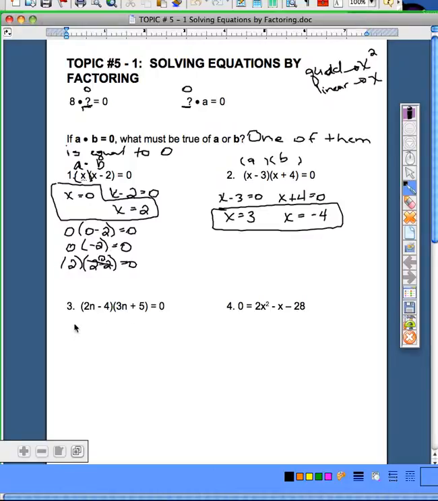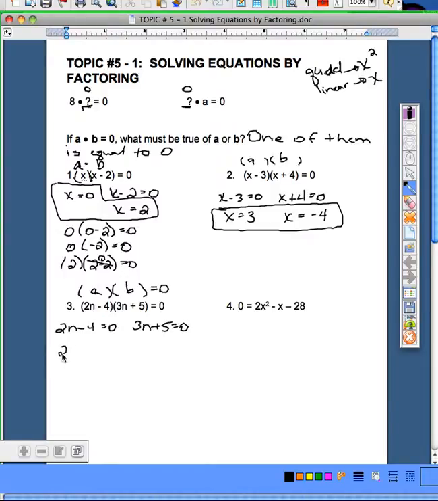Okay, now we have a little more complicated factors, but anytime you get factors, you can think of them as factor A and factor B. One of them has to equal 0 for this to be a true statement. So 2n minus 4 equals 0, and then 3n plus 5 equals 0.